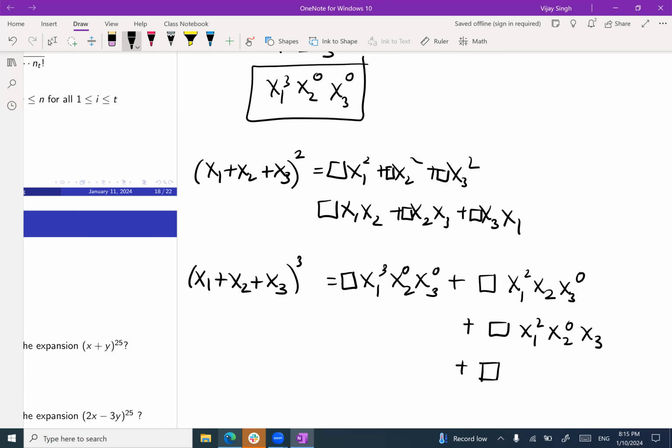Then we can have x1, x2, x3 with some coefficient. We don't know what this coefficient or number is. In this case, the number is 1, 1, 1, 2, 2, 2. We will figure that out.